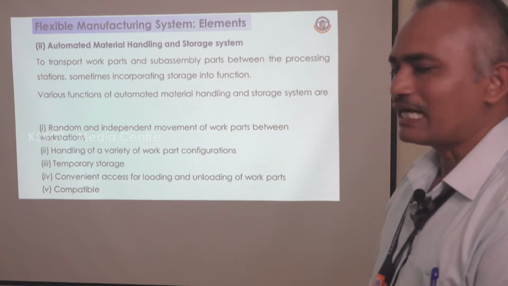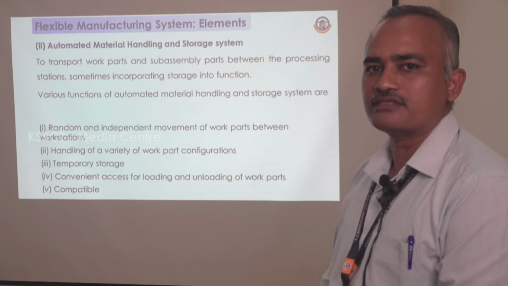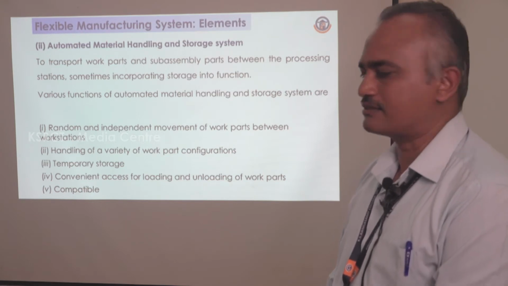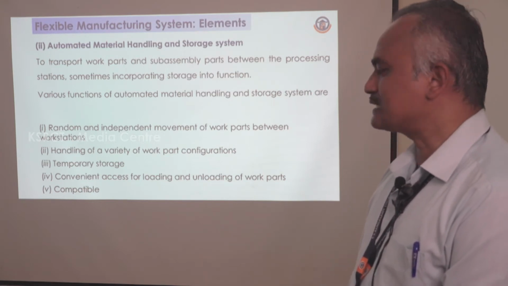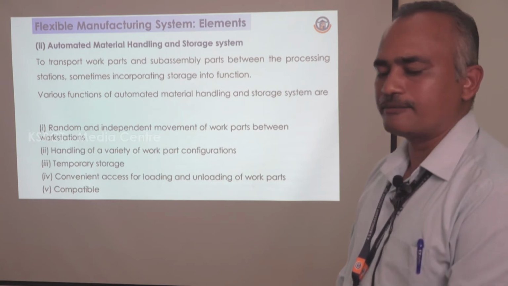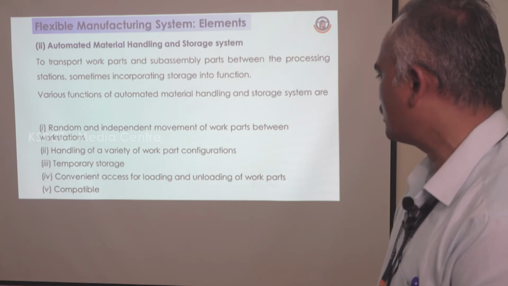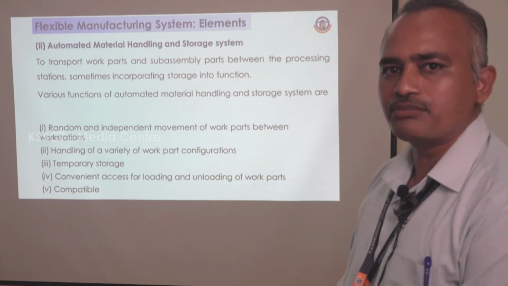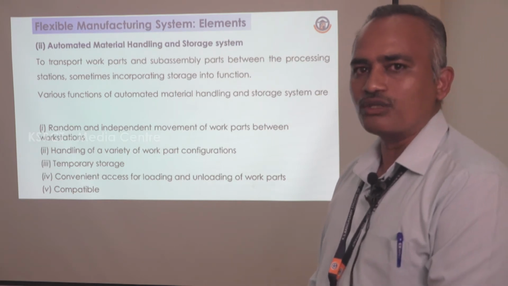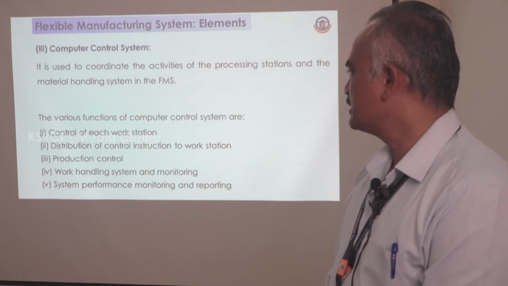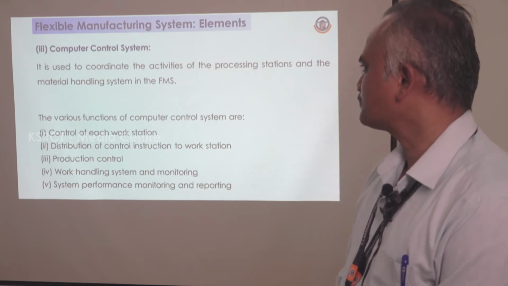Then, handling of a variety of parts depending on part styles and product mix. And third, it acts as a temporary storage system with convenient access for loading and unloading of work parts, and it is compatible with the work process and workstation components.